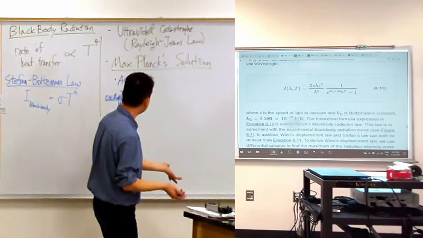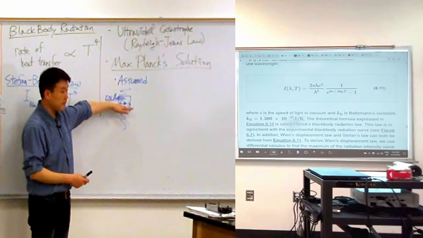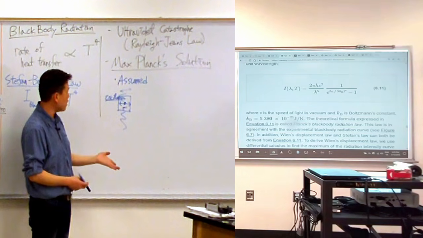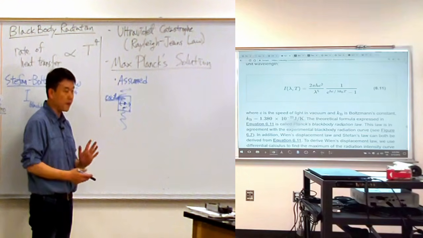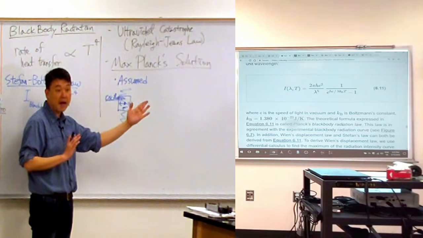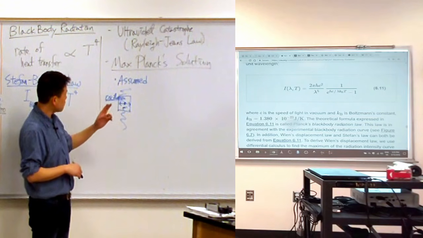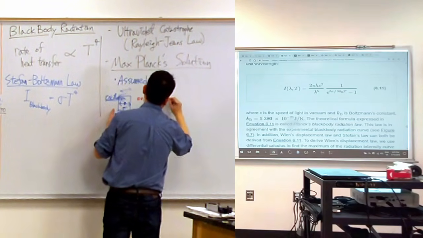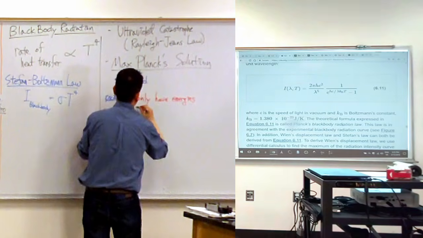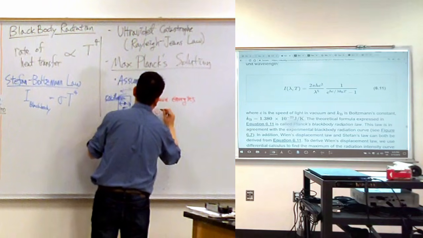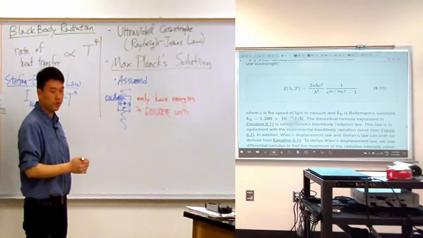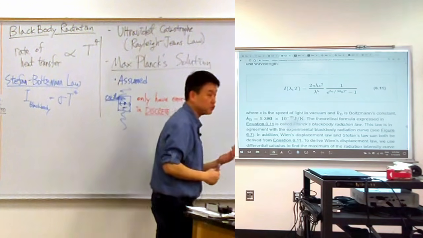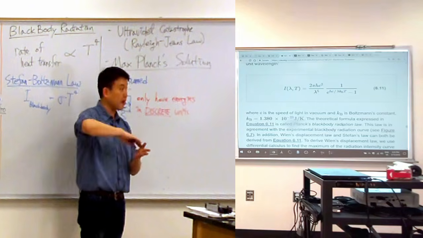So those blackbodies are made up of oscillators. And this is what Planck assumed. He was trying to come up with a solution where something would limit the amount of energy that can be emitted at the high frequency limit. So he assumed this oscillator can only have energies in discrete units. The whole purpose of introducing this mechanism is to limit the amount of energy at the high end.